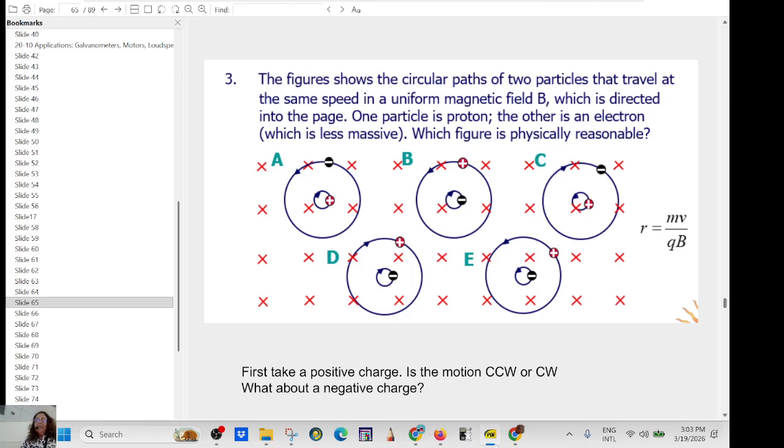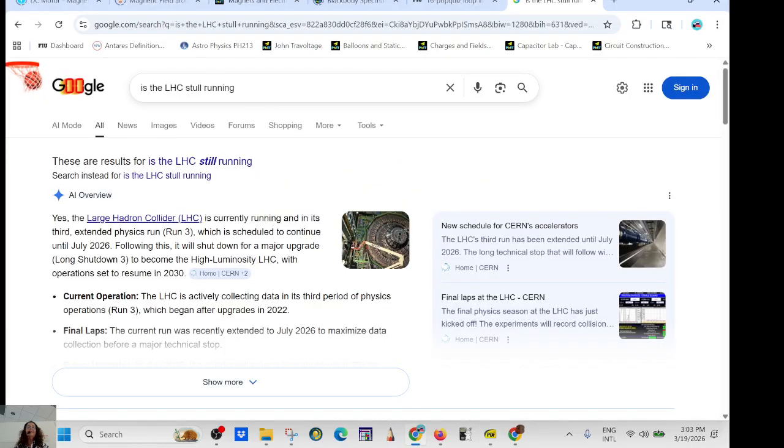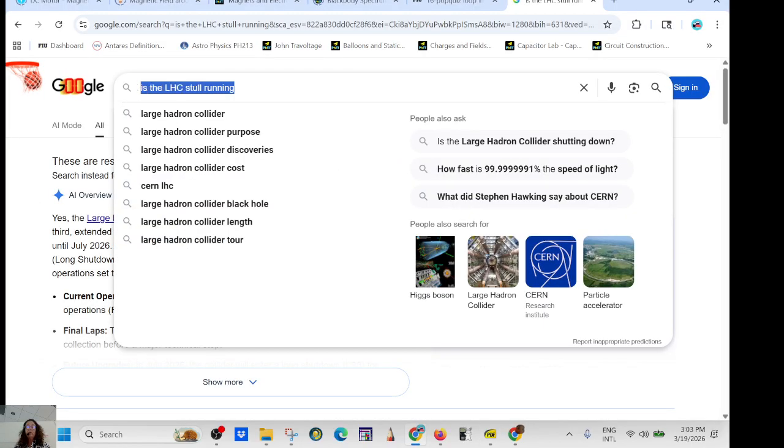Okay. So first of all, magnetic field going into the board. You have a proton and an electron. It's really big because it's between Switzerland and France, so it's huge.